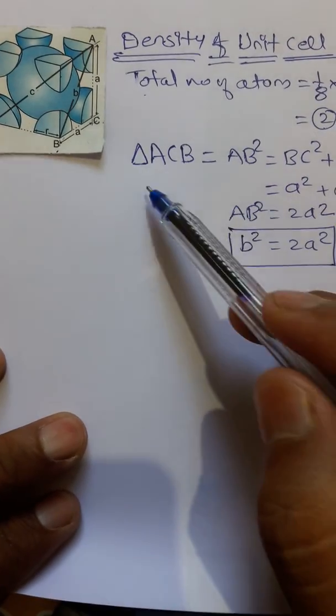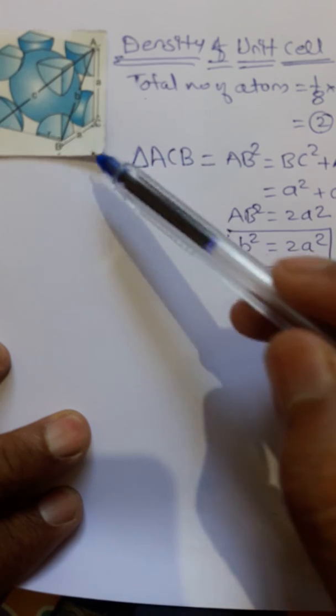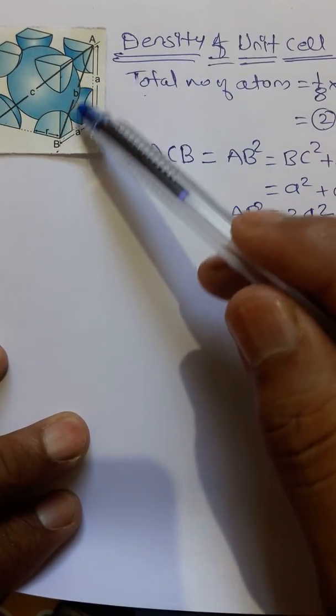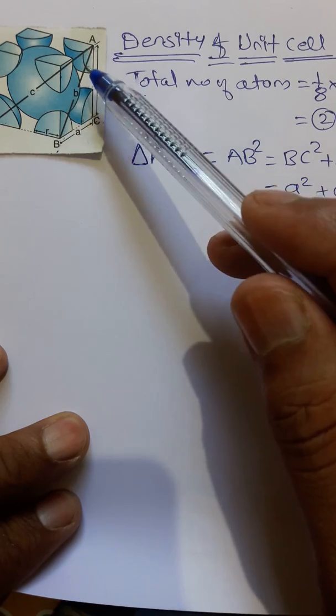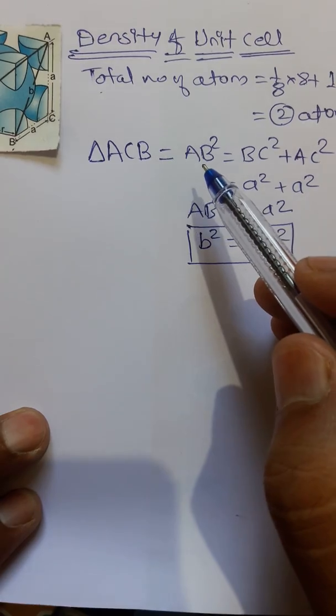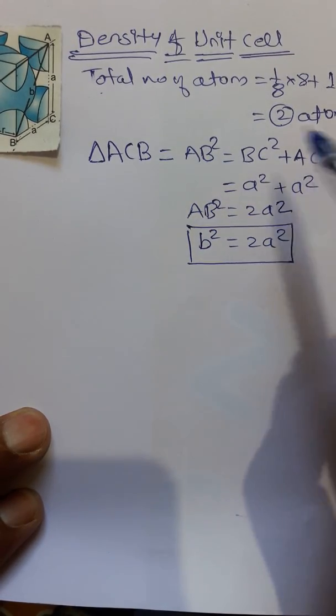Now in triangle ACB, according to Pythagoras theorem, AB square is equal to BC square plus AC square.